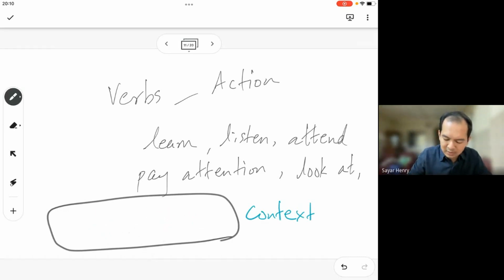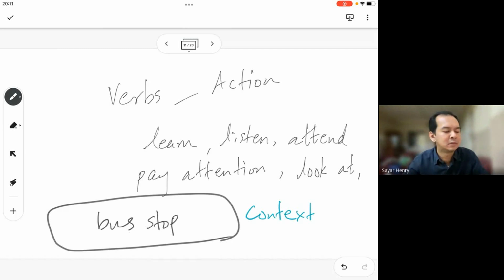This time, use bus stop. Okay, 1 minute, go. What do we do at the bus stop? What can we do? What do we experience at the bus stop? We can refer to real life experiences.